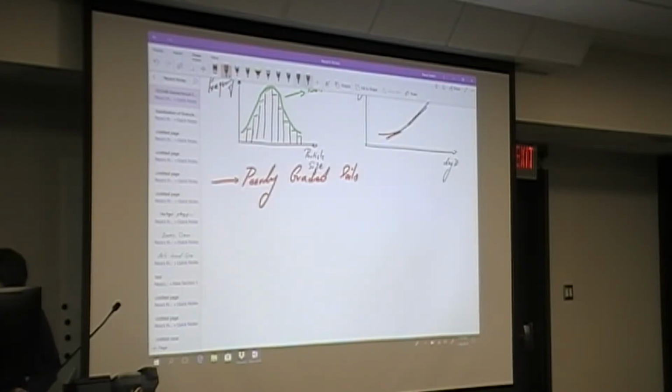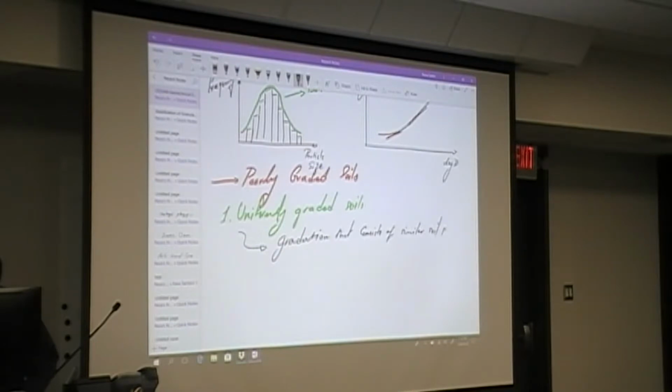So in terms of the gradations, now we can subdivide them into uniformly graded soils. This basically tells you that this is a gradation that consists of similar soil particles.